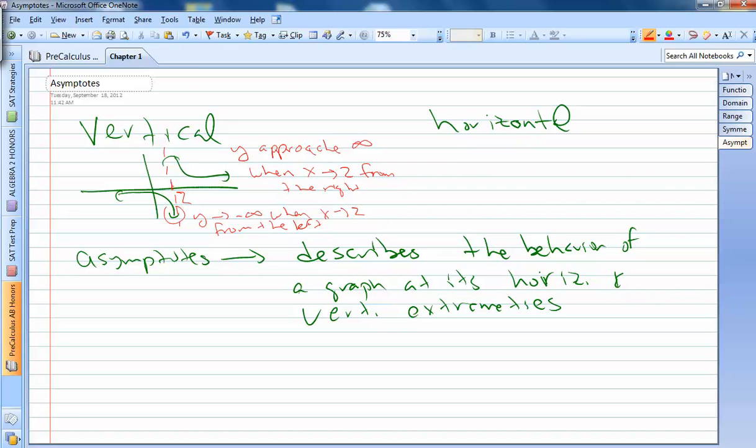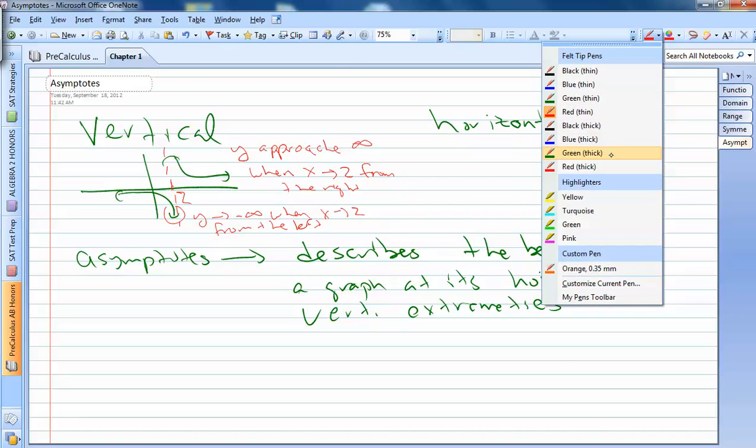So basically, all an asymptote is doing is describing how the graphs can behave at horizontal and vertical extremities. So, when we go to an extreme y value, whether it's high or low, we see that when we're getting close to 2 from the right or from the left side, y is either going up or down.